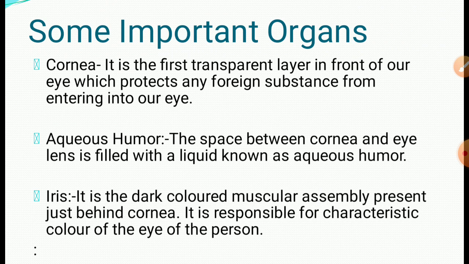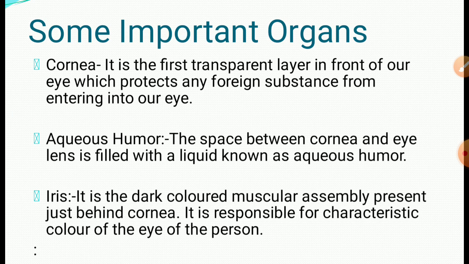Some important organs which we have discussed, we can make a note of that. Cornea, it is the first transparent layer in front of our eye which protects our eye from any foreign substance entering into it.